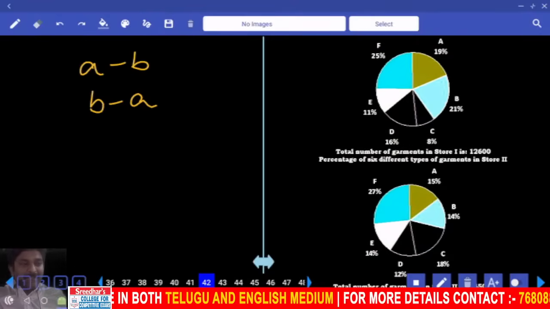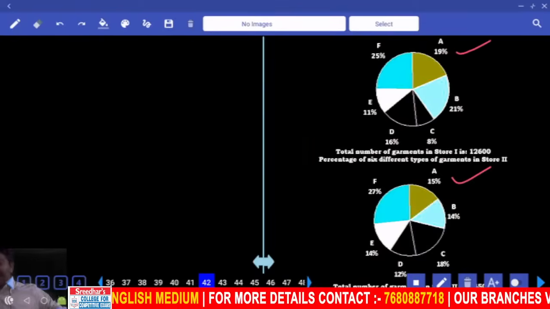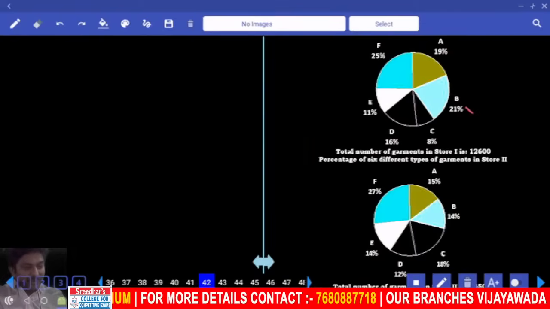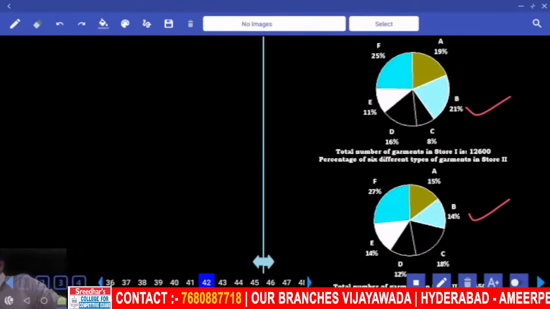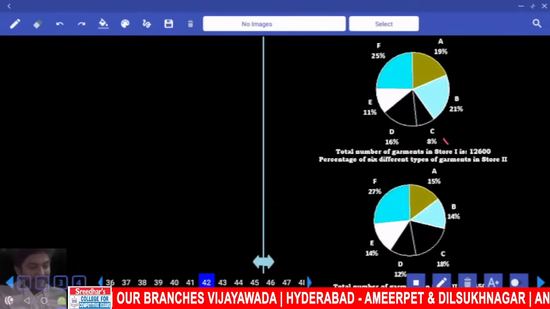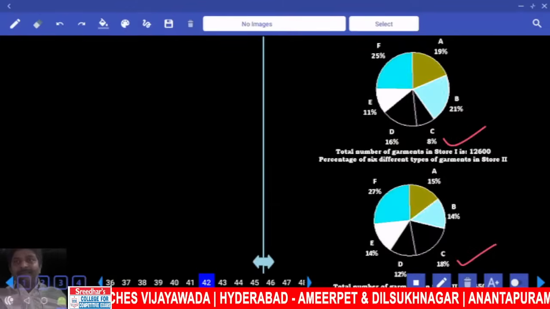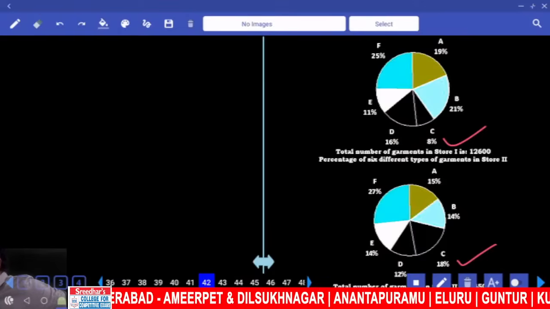Company store A, 19 and 15, difference 4%, okay. 21 and 14, then with respect to A, B is more, 7. Then 18 and 8, 10, even C is more than B because percentage gap is more.